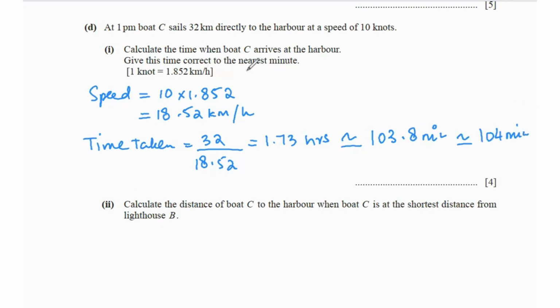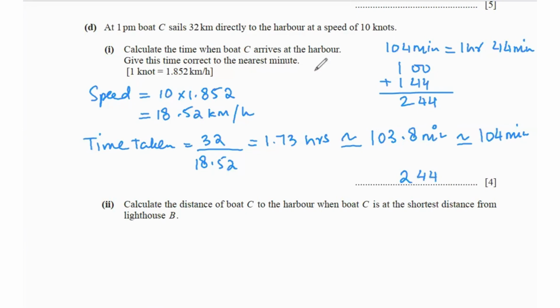We have to give this time correct to the nearest minute. So at 1 p.m. boat sea sails. 104 minutes is 1 hour, 44 minutes. So 1 p.m. plus 1:44 is 2:44. So 2:44 p.m. is the time at which boat sea arrives at the harbor.